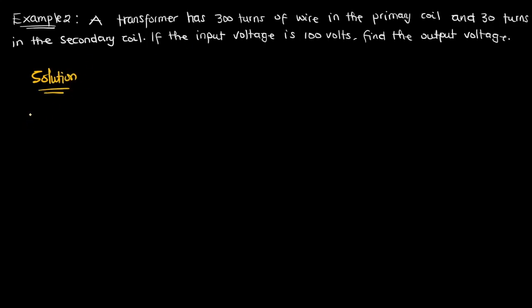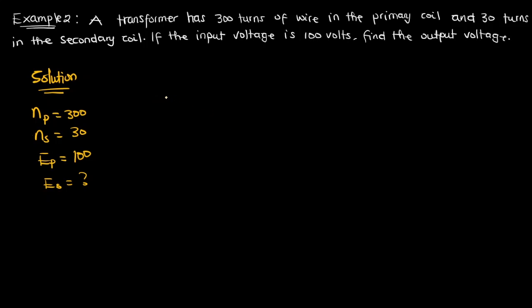They say the number of turns in the primary coil is 300, and it has 30 turns in the secondary, so NS is 30. The input voltage EP, the primary voltage, is 100 volts, and we have to find the output or the secondary voltage. That is what we do not know.